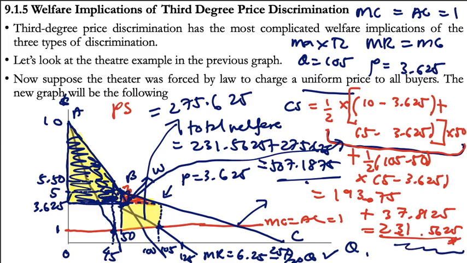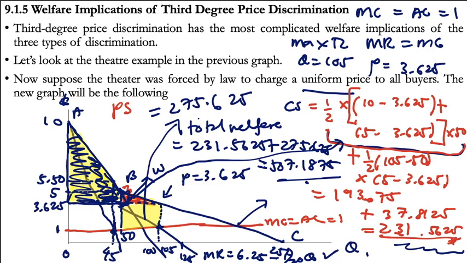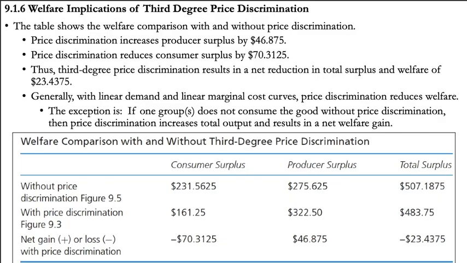Without price discrimination, we also have calculated the producer surplus, 275.625. In fact, I didn't calculate it. I want you to calculate it because this one is very easy. The triangle here is very easy to find. 275.625. Okay. So the total surplus, you add this plus this, you get 507.1875.